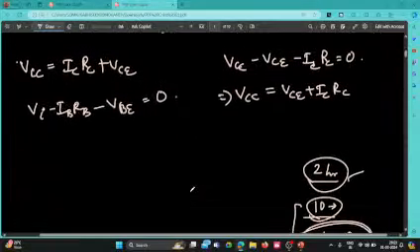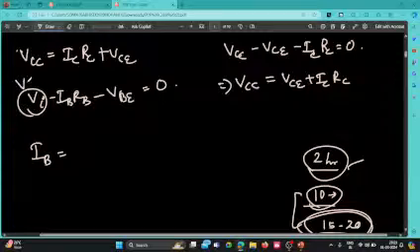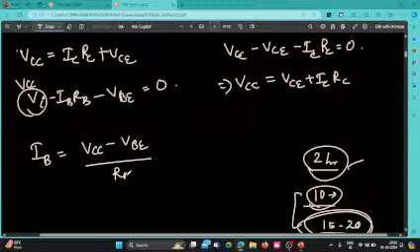So from these two equations I can write IB is equal to what? In place of VI I can write VCC also. IB is equal to VCC minus VBE by RB. Can I write it from this equation? I can write it, right?